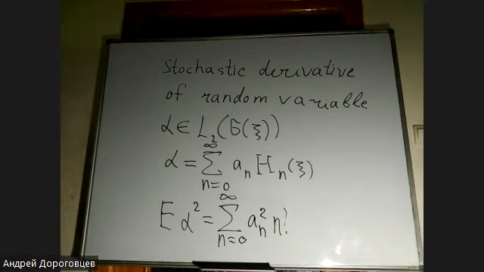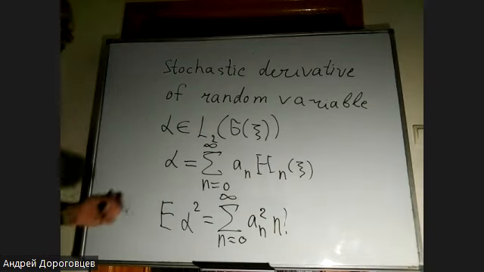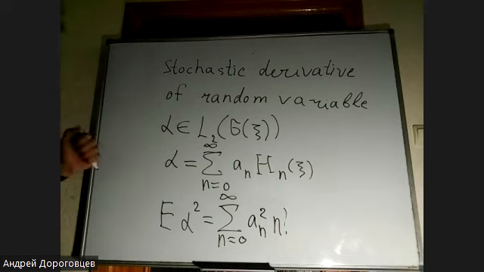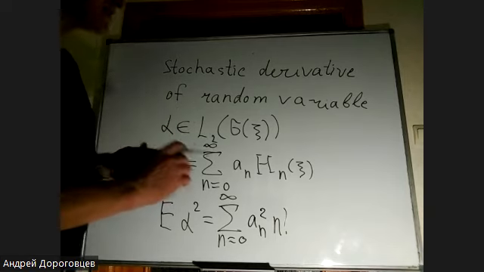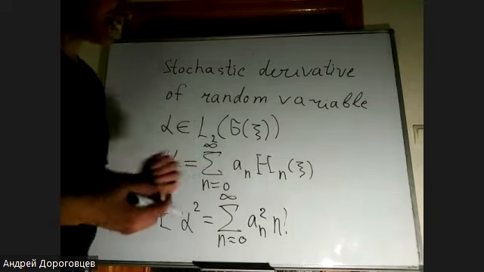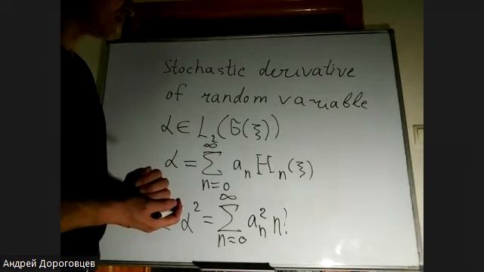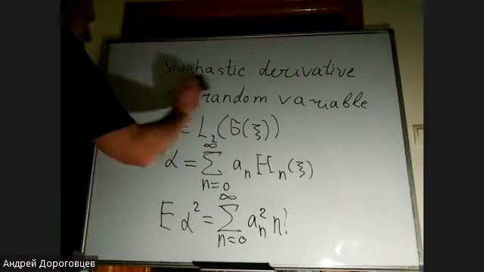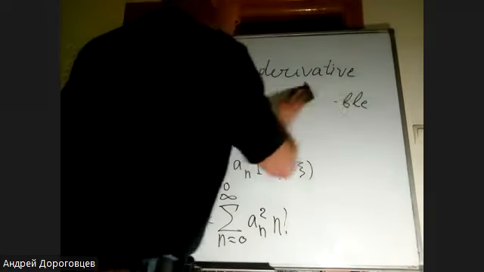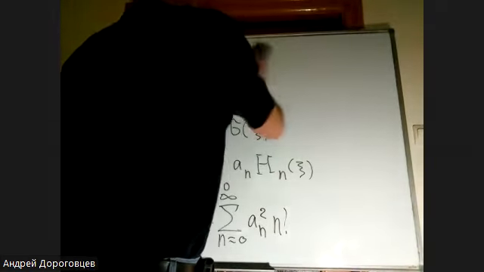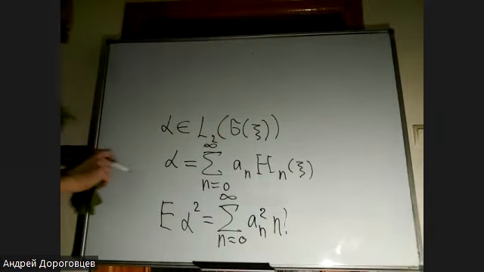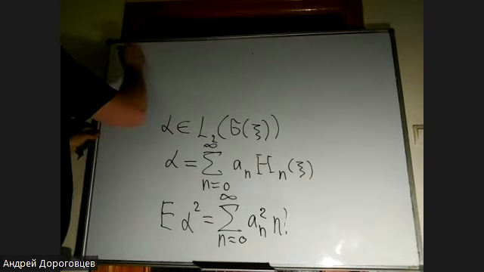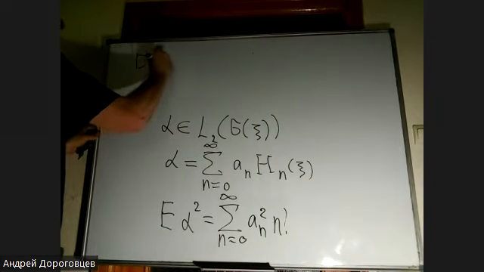This is a known fact already for us, but now what am I going to do? You see, we already know that H_n has a good expression for its derivative. So one can try to consider the following definition.